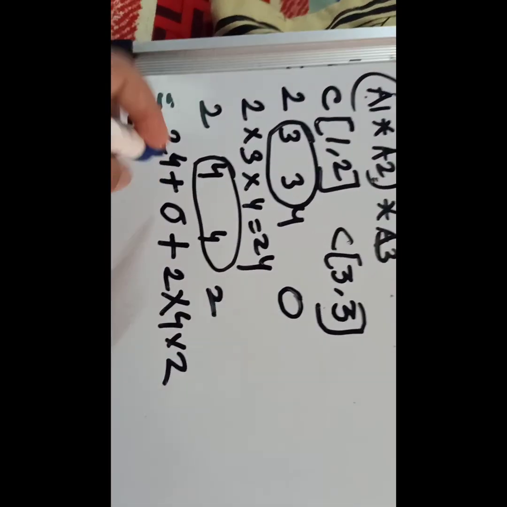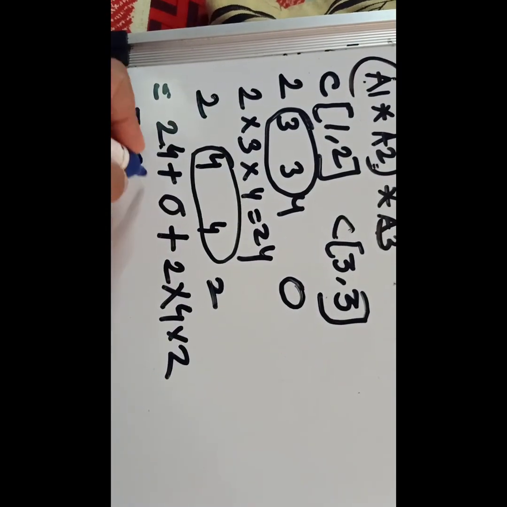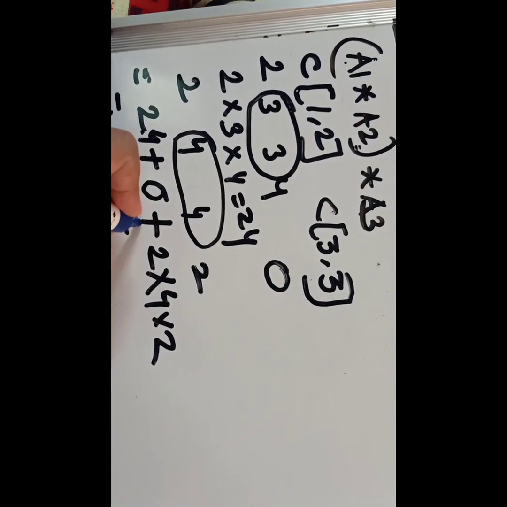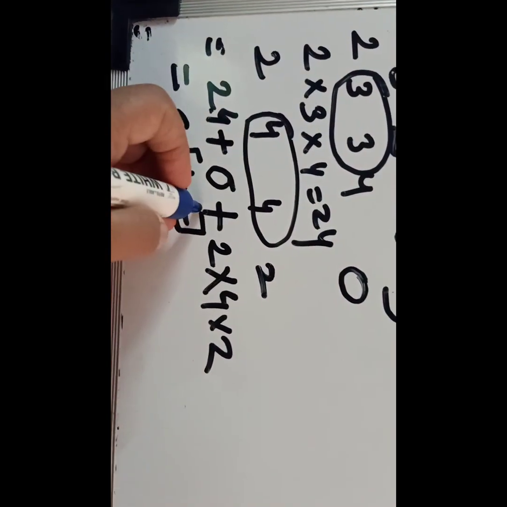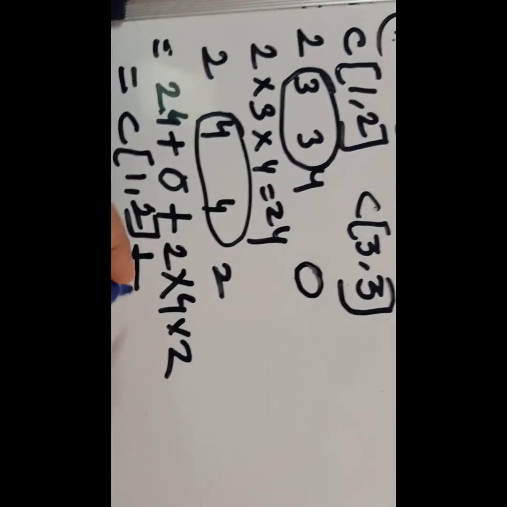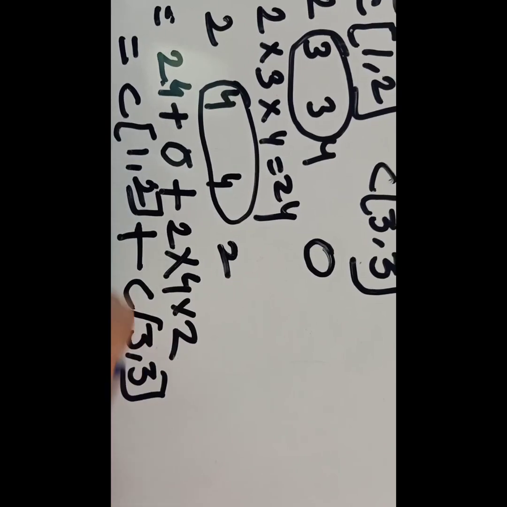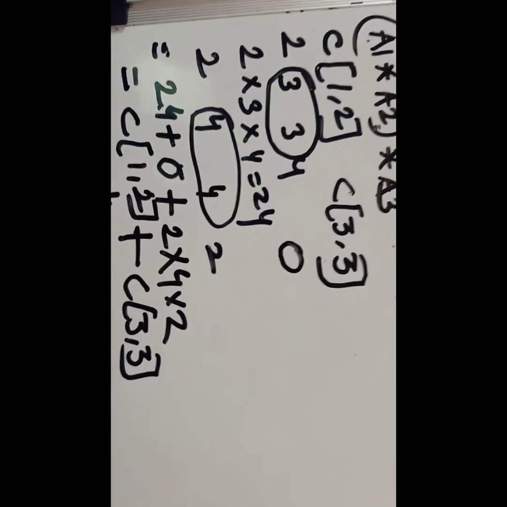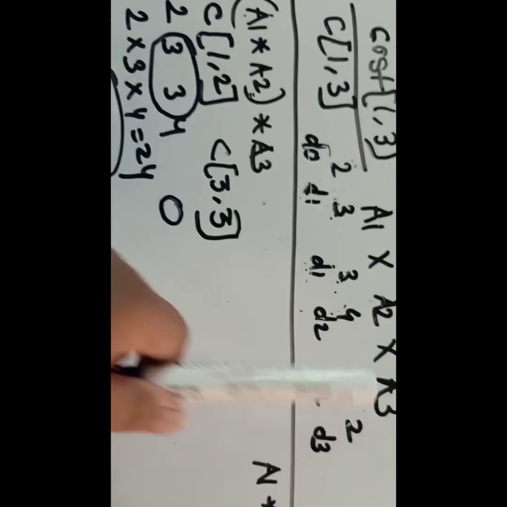But now this 24, I can replace with C of 1, 2. Plus this 0 means this is cost of 3, 3. And plus 2, 4, 2. We have already labeled the dimensions here.